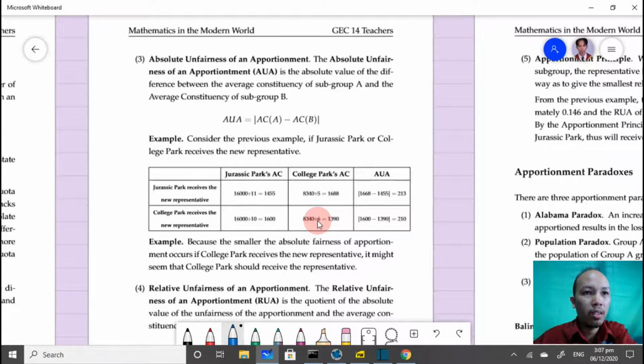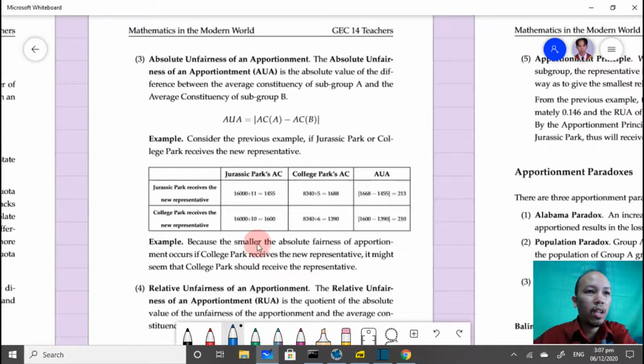For the resulting values, we get the difference. It doesn't matter which is placed first; all you have to do is get the absolute value. So we have 213 here and 210 here.